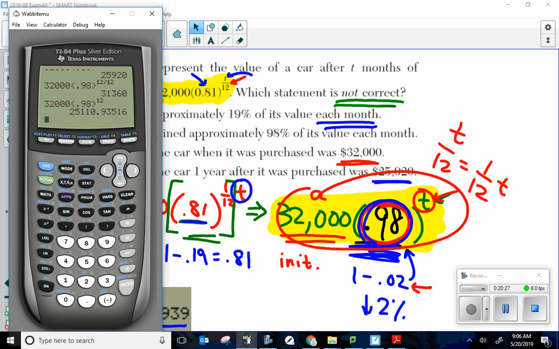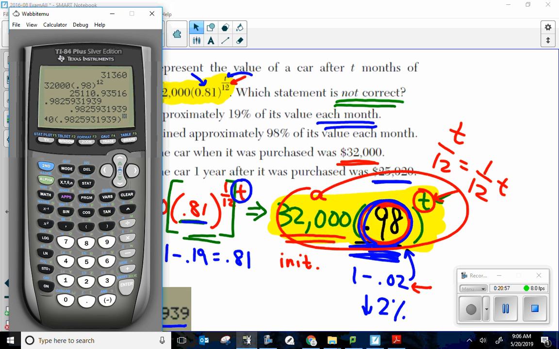25,110. And you might say to yourself, well, that seems off. Well, it is off because this 0.98 right here shouldn't be 0.98. We just rounded it. It should be this thing right here. That's the whole thing. So I'm going to hit enter. And I'm going to take this whole thing, 32,000. I'm really going above and beyond for this problem, but I really want you to understand it. I'm going to take this decimal, put it in here, and raise that to 12.